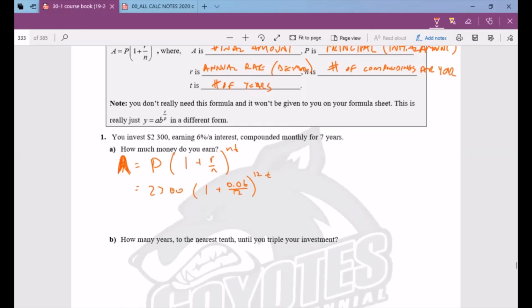So 12t. This ends up being equal to 2,300 times 1.005 to the 12 times 7. We push this through our calculator. We get 3,496.85.